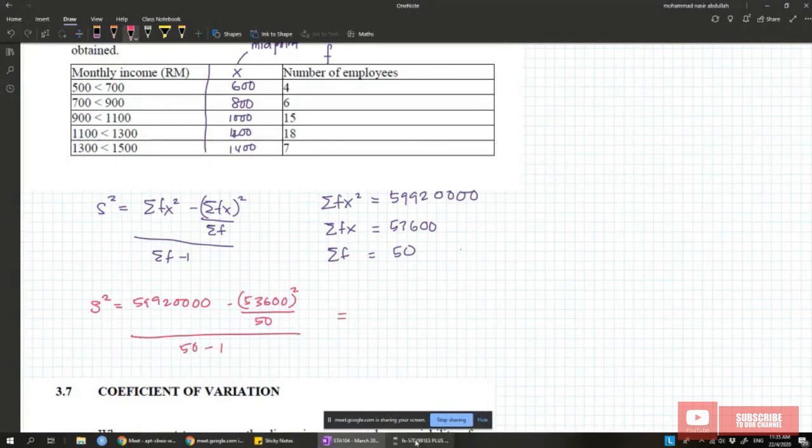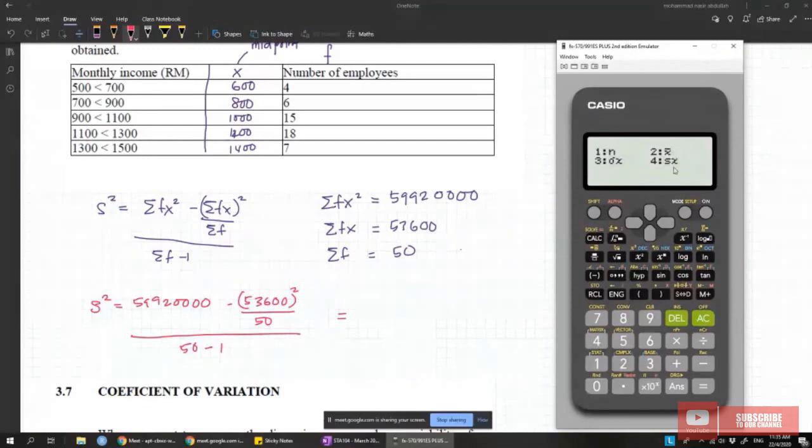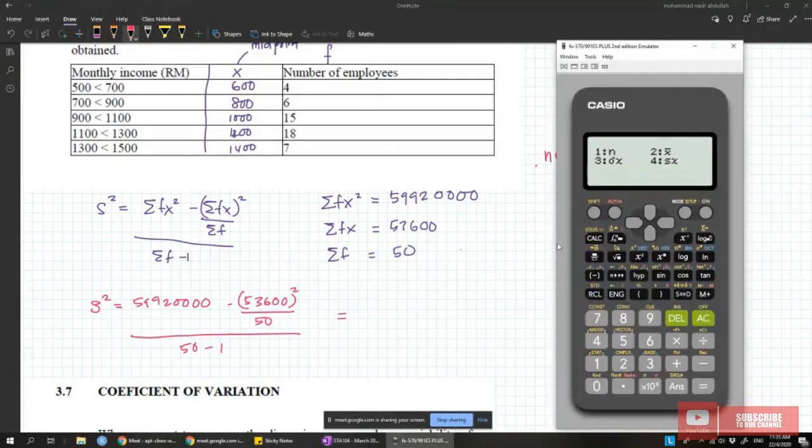So for the value, look here, press Shift, press 1, press 4 for variance, and then find sigma N minus 1. Sorry, sigma N minus 1, I think. Either of these two. So find number 4. So this one should be equal to 224.